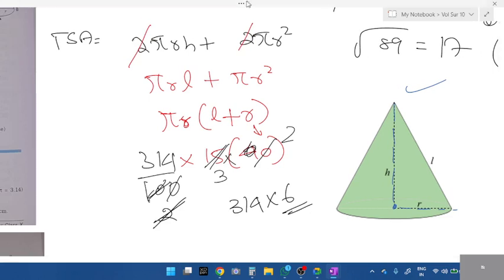Yeah, don't write this. This is volume of cylinder, students. I'm just comparing it.